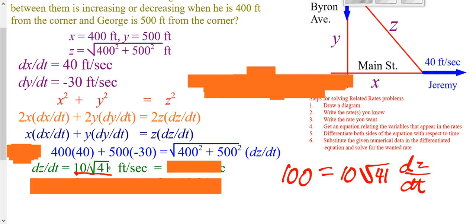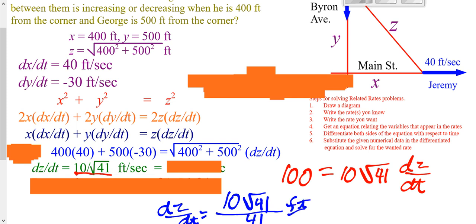First of all, we don't like roots in the bottom, so we'd have to simplify that down. So we get 10 root 41 over 41, and that would be our dz dt. Units-wise, that would be feet per second.